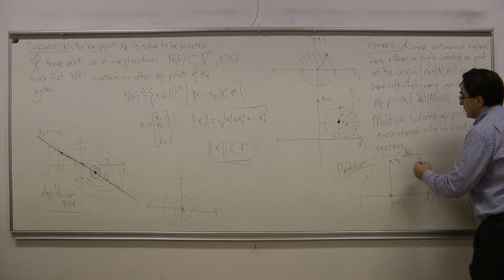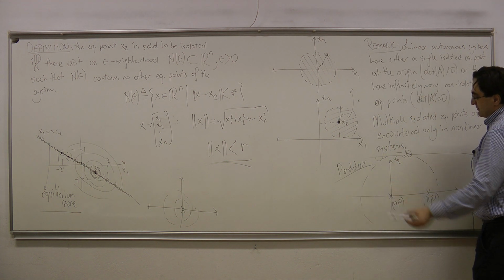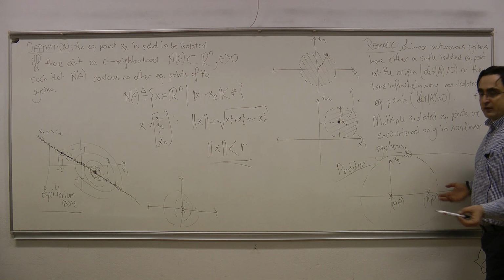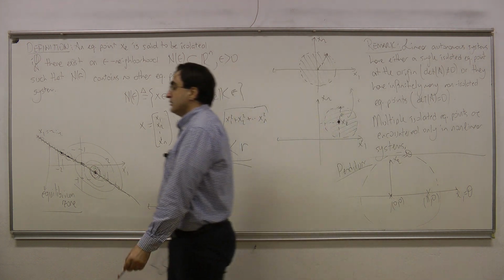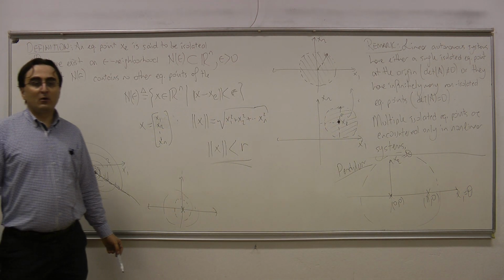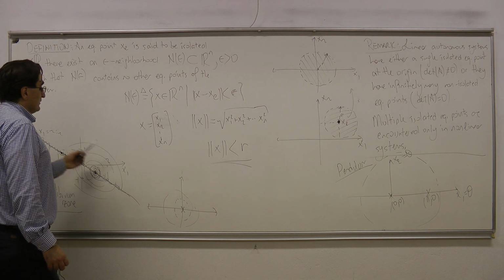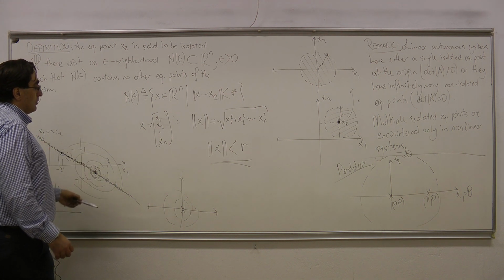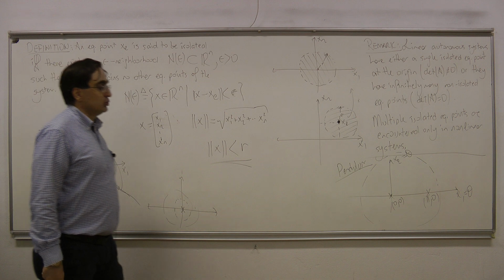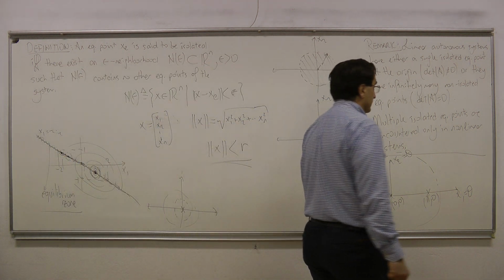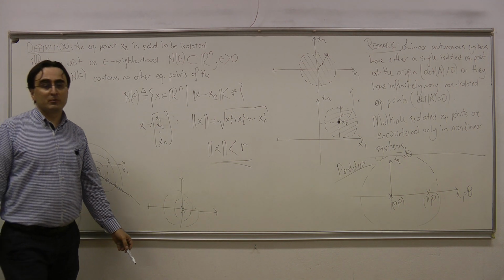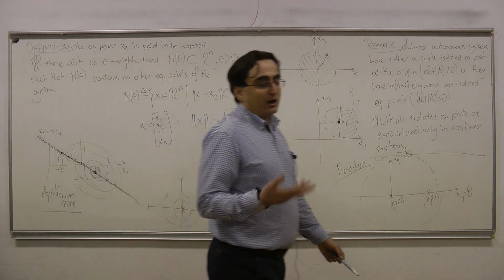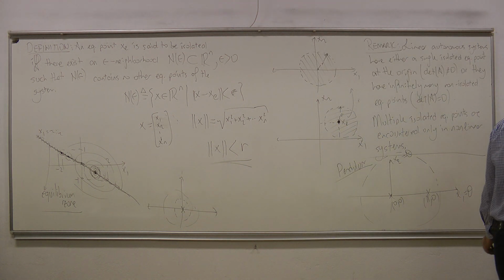So here, for this epsilon ball, the property is not satisfied. It doesn't mean anything. I need to check other epsilon balls. It is only when the property is not satisfied in any epsilon ball that I can call an equilibrium point non-isolated. But to call it isolated, it is sufficient that I find only a single epsilon ball for which the property is satisfied.